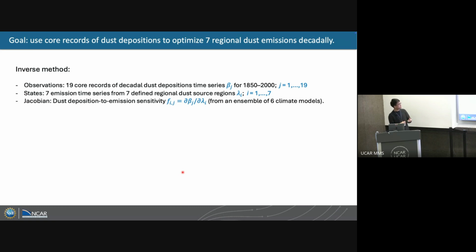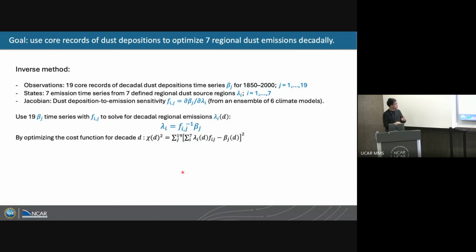And then we have the state variables, which are the 7 dust emission time series from the defined regional dust source regions that we care about. That's called lambda. And then the Jacobian or the sensitivity or the slope matrix captures the dust deposition to dust emission sensitivity. So that's the partial derivative over there. And that's simulated by an ensemble of multiple climate models in AeroCom.